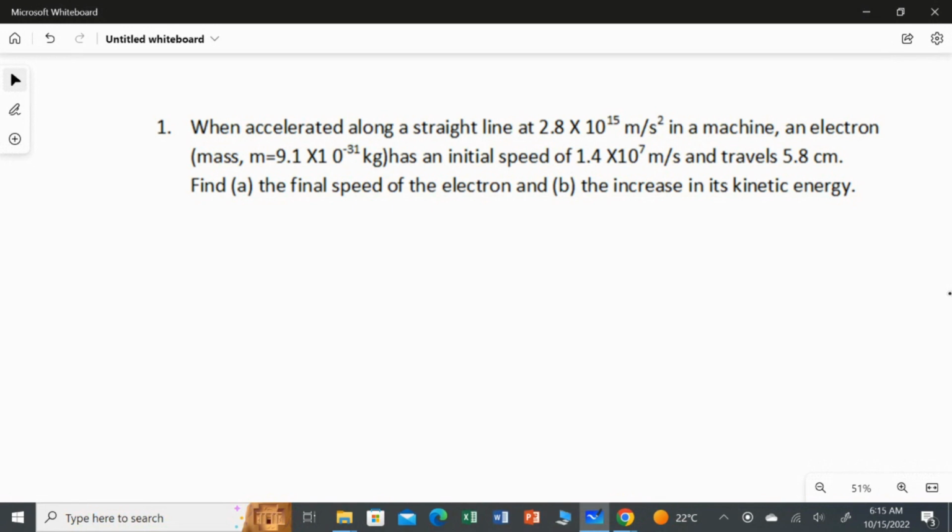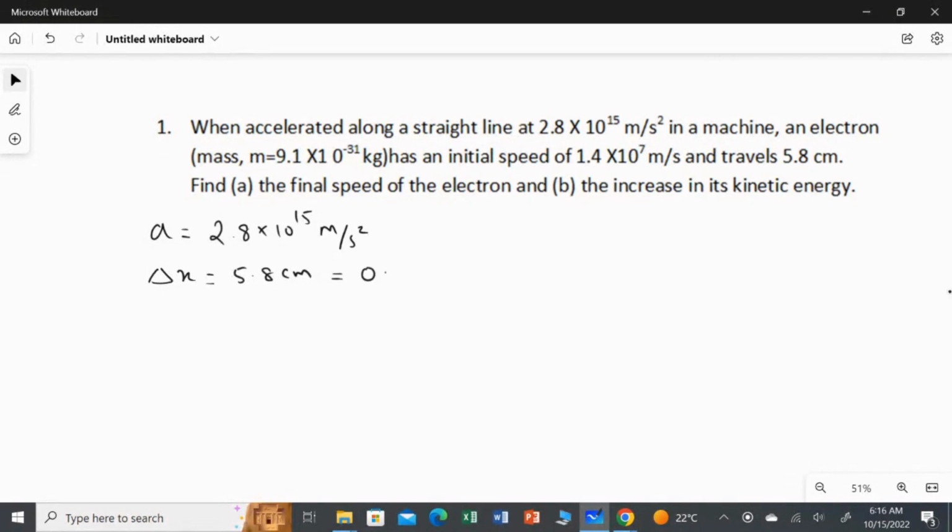So first of all, I'm going to write what are the things given in the question. The acceleration of the electron is given as 2.8 × 10^15 meter per second square, and the distance traveled is given, which is delta x. So 5.8 centimeter, which I have to convert to meter. So you have to divide this number by 100.